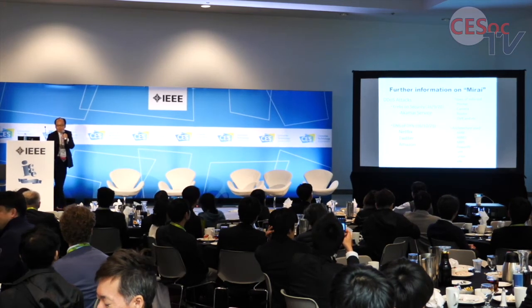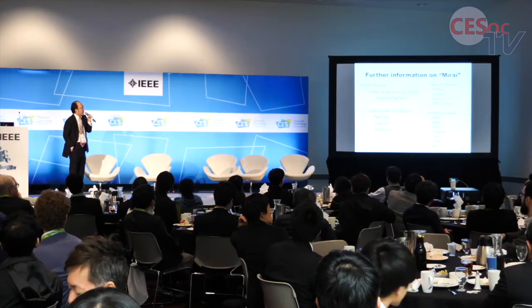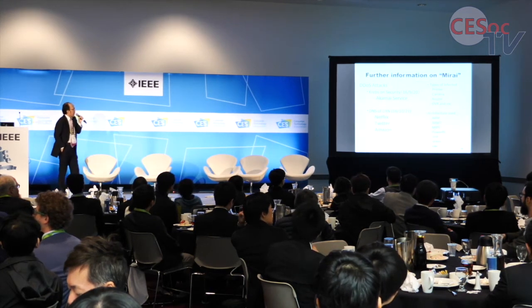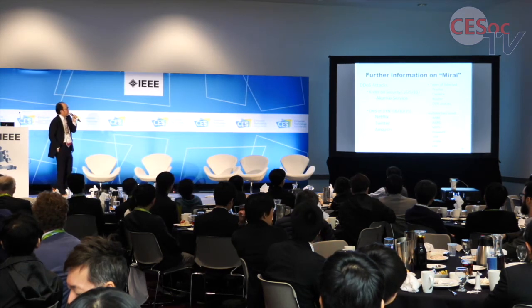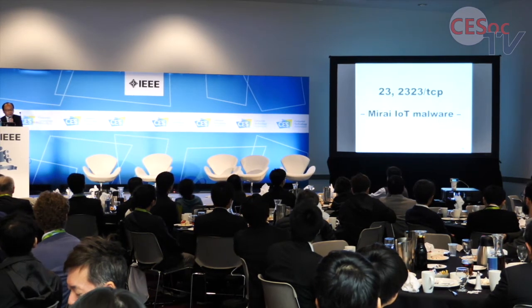And further information on Mirai. This is conducting DDoS attacks on the Akamai service infrastructure, DYN, Netflix, Twitter, Amazon, and using different types of devices: printer, camera, router, digital video recorder, etc. And the CPU architectures used are ARM, ARM7, MIPS, or PowerPC, etc. So this is the characteristic.